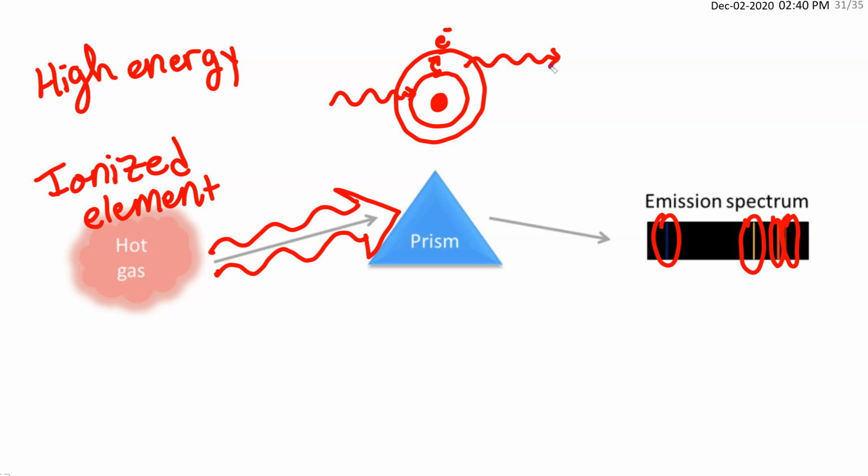So when the electron hops between rings, quote unquote, it's absorbing specific energy. And when it hops down, it's releasing specific energy. So emission spectra are only specific wavelengths unique to an element.